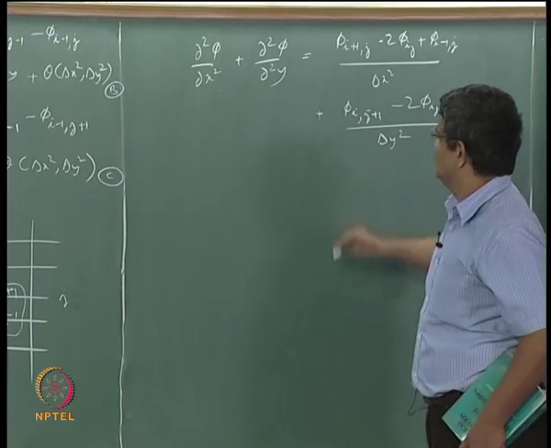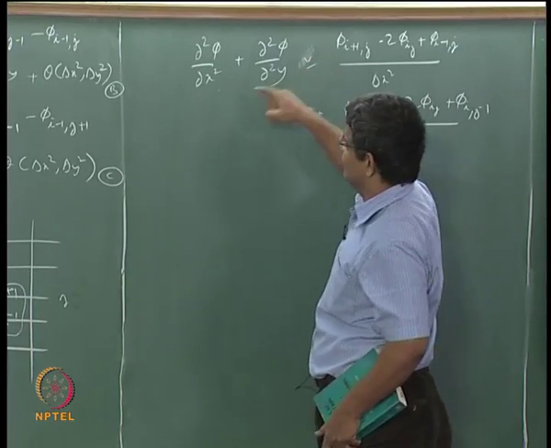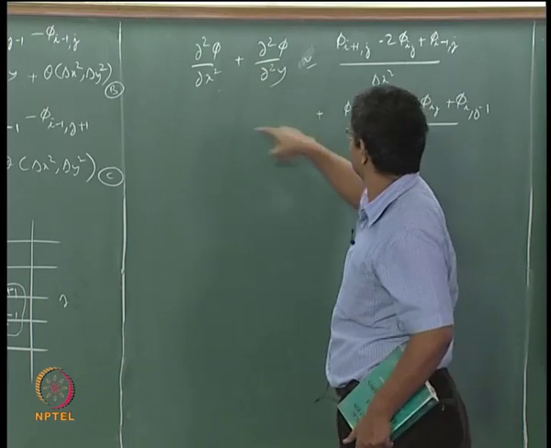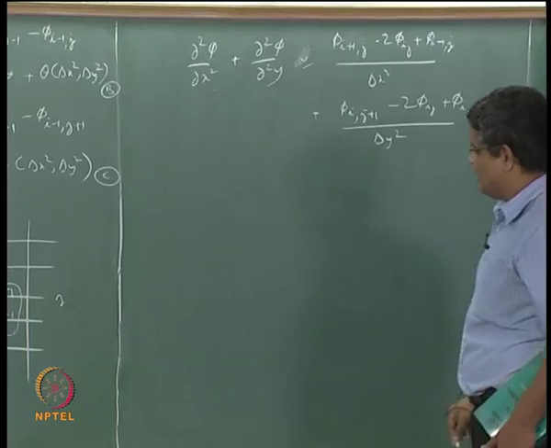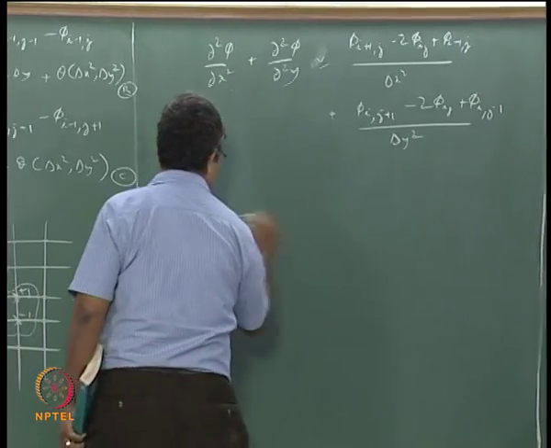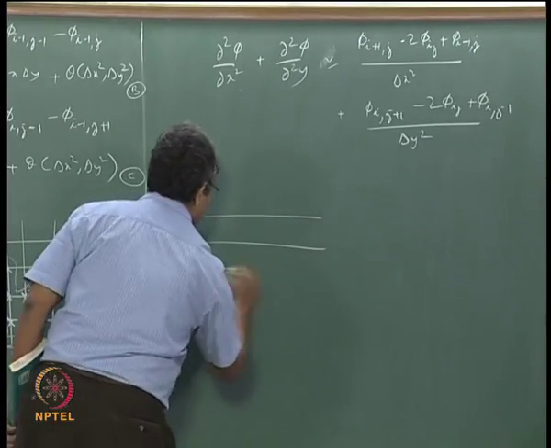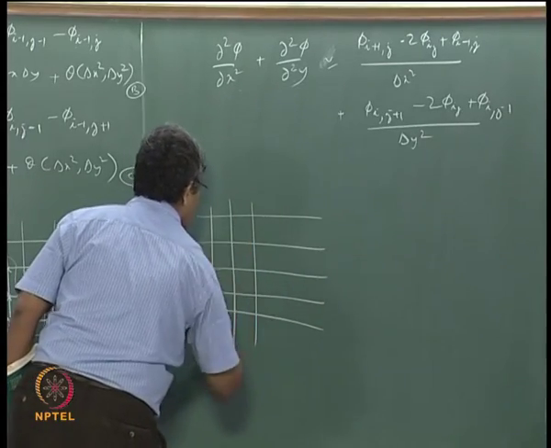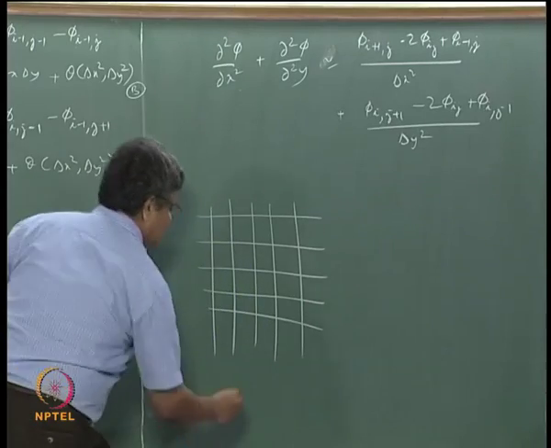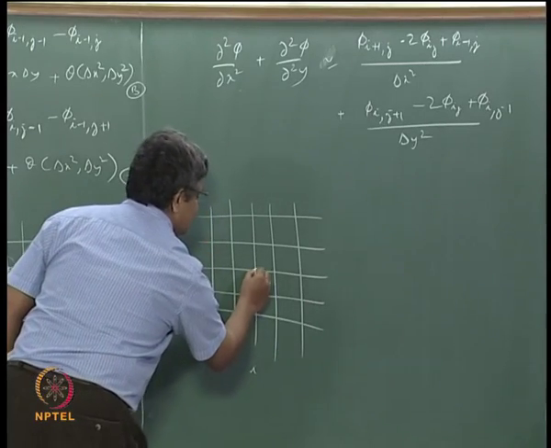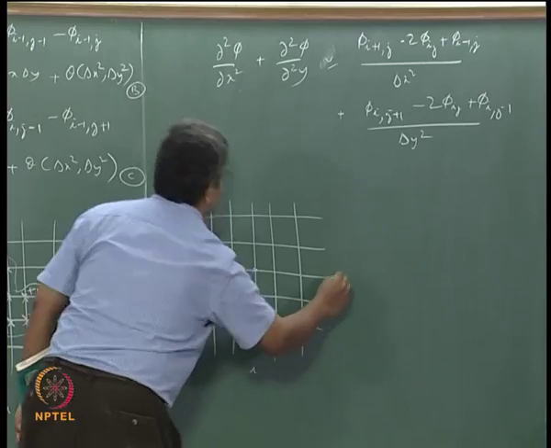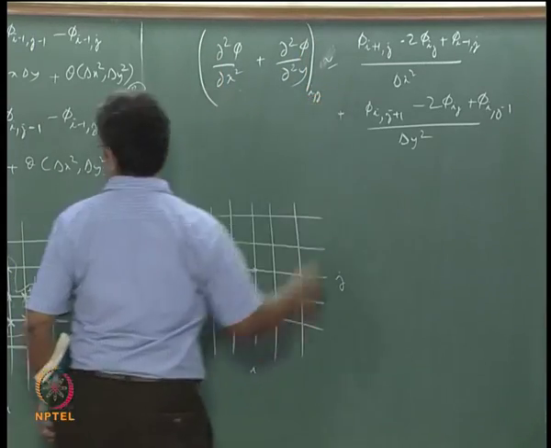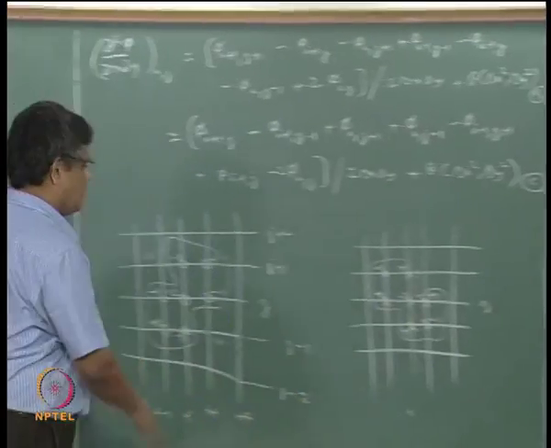Okay, so the central difference approximation for second derivative in x and second derivative in y, the sum together will be like this. And if we examine the computational molecule for this, this is the i comma j, and we are evaluating this whole thing at i comma j, which is the same for all of these.